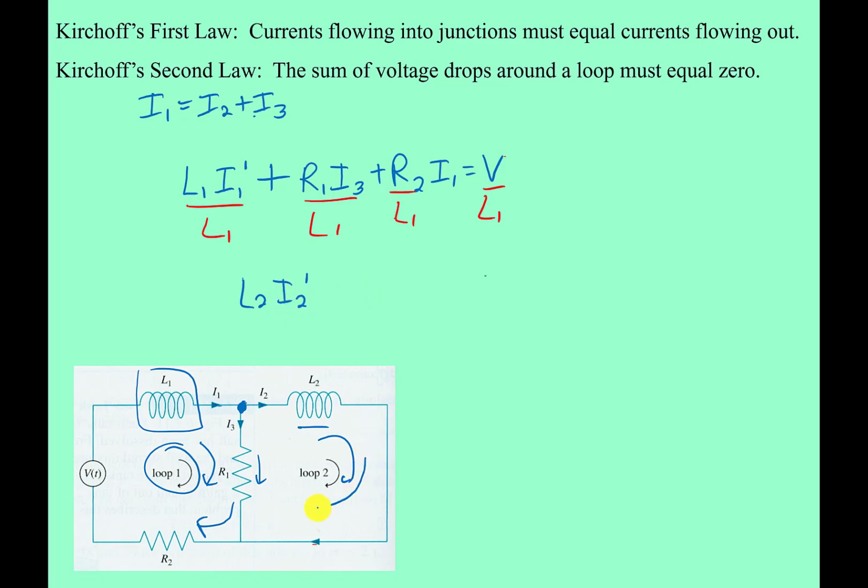Now, if we went around this loop, because we're actually going in the opposite direction of the current flow, we put a negative on that. So that would be resistor 1 and current I3, and that would equal 0 because we don't have any voltage there. Now, if there was no voltage applied to this at all, then this one would also be 0.